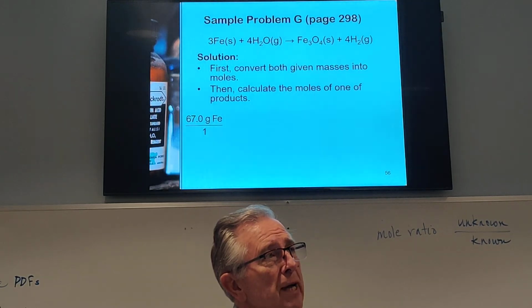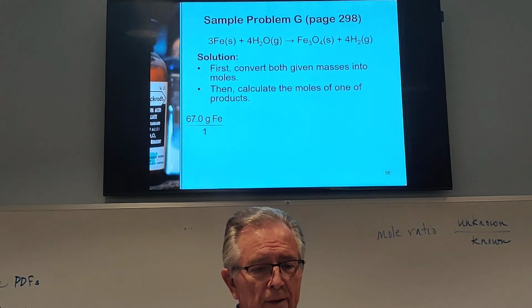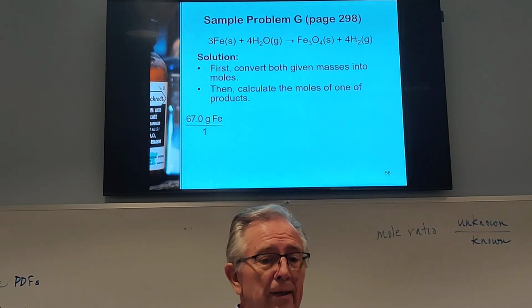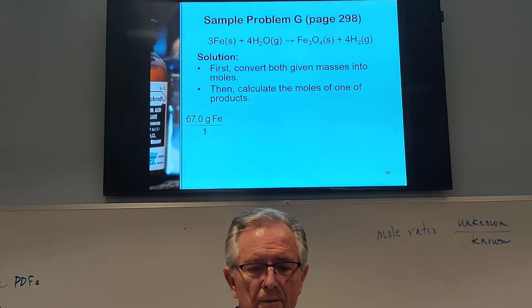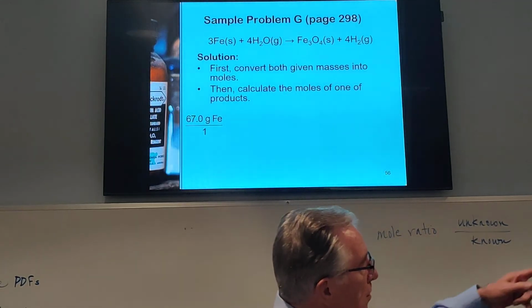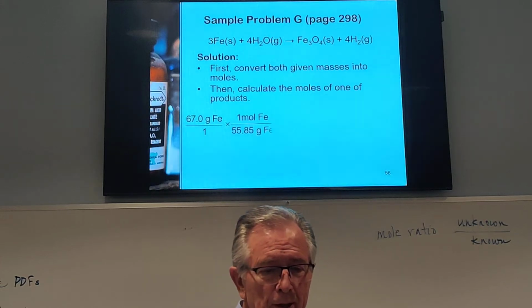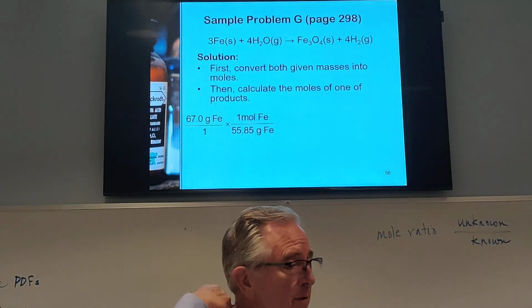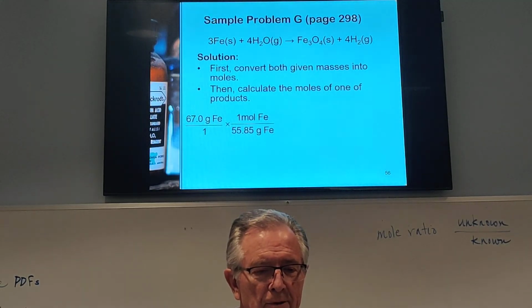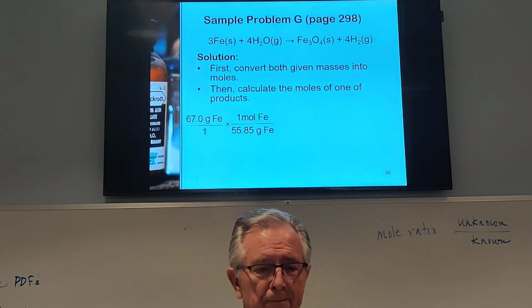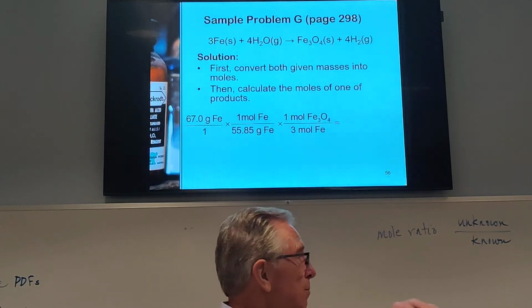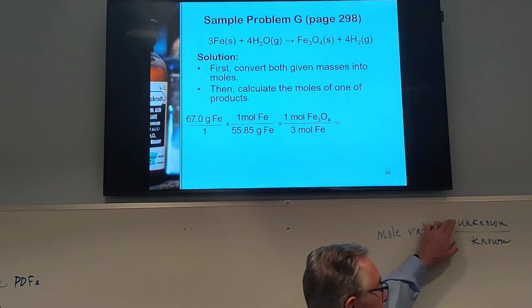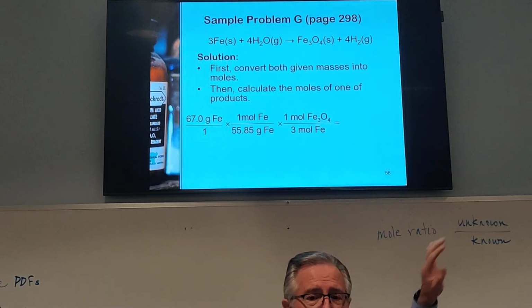So we have 67 grams. We have to do two steps to get here, right? We have to do the molar mass of my first reactant, and then I have to do the mole ratio. My molar mass for iron, if I look it up on the periodic table, is 55.85. I'll put that on the bottom so my grams will cancel out. Then I'll have my mole ratio, which is my known iron on the bottom and Fe3O4 on the top.